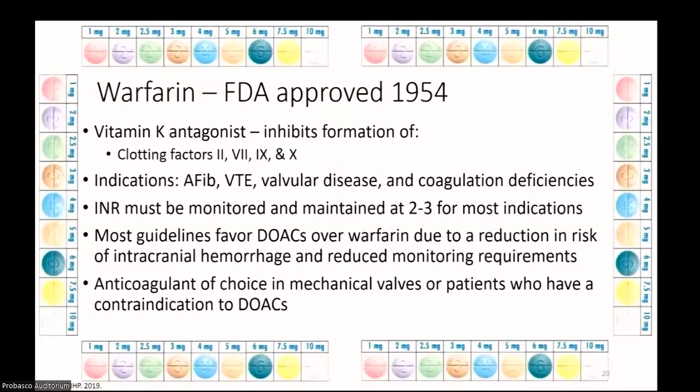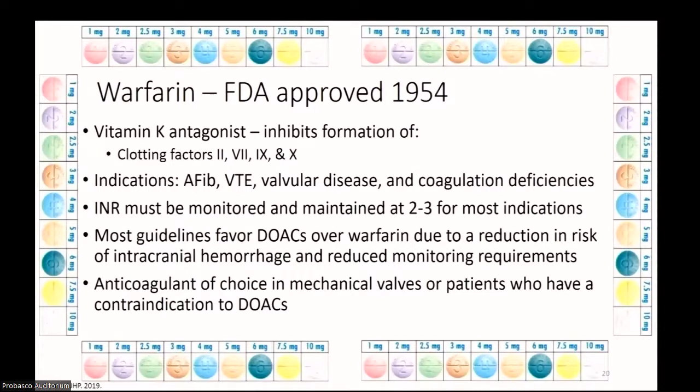And so moving on to anticoagulation. Warfarin, our OG anticoagulant, is a vitamin K antagonist, inhibits clotting factors 7, 9, 10, and 2, and also can inhibit the natural anticoagulants protein C and S. Pretty much any indication for anticoagulation, it is indicated for.